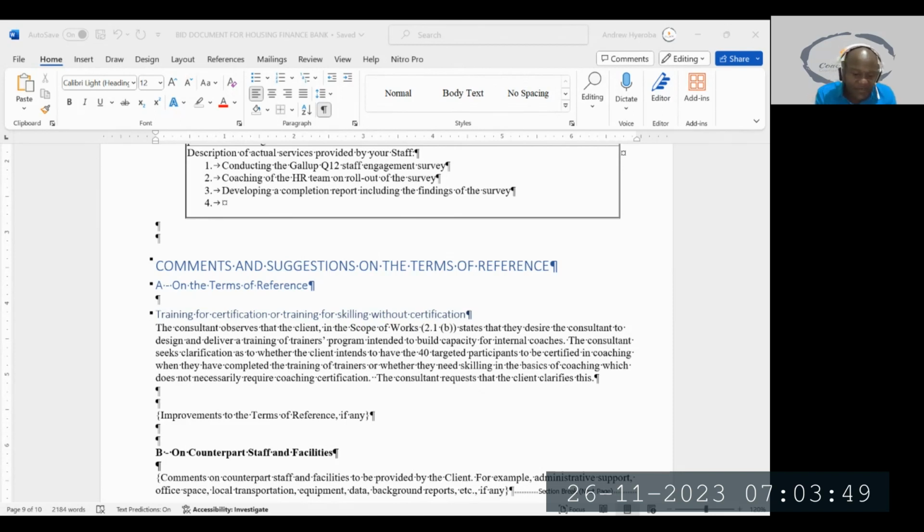Then we delved into the costs that we normally incur as consultants, even before we enter the contract, and what we need to pay attention to. We looked at the general administrative requirements for doing procurement with government, for doing consultancy with government.